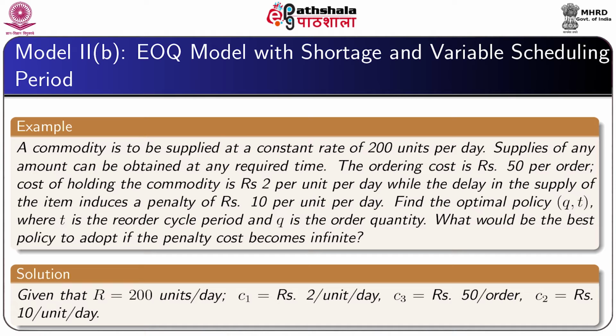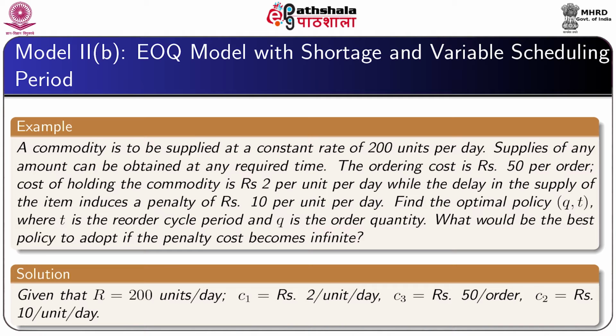Cost of holding the commodity is rupees 2 per unit per day, while the delay in the supply of the item induces a penalty of rupees 10 per unit per day. To find the optimal policy (Q, T), where T is the reorder cycle period and Q is the order quantity. Also, we have to determine the best policy to adopt if the penalty cost becomes infinite.